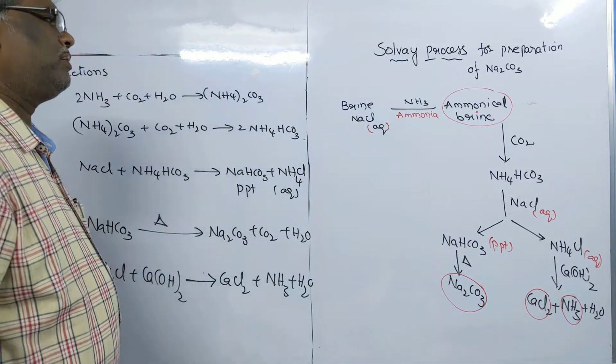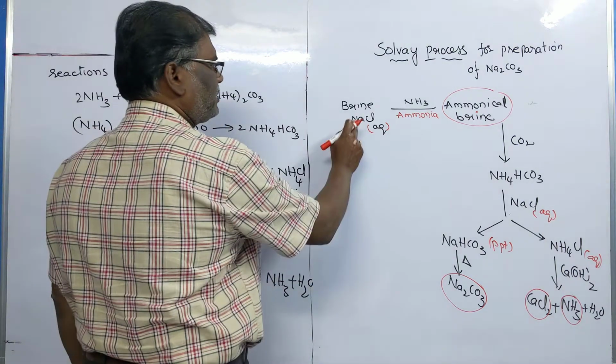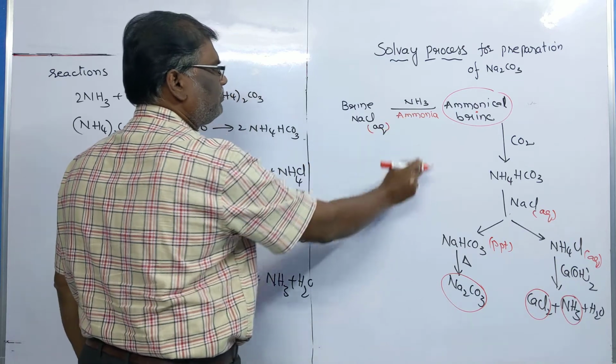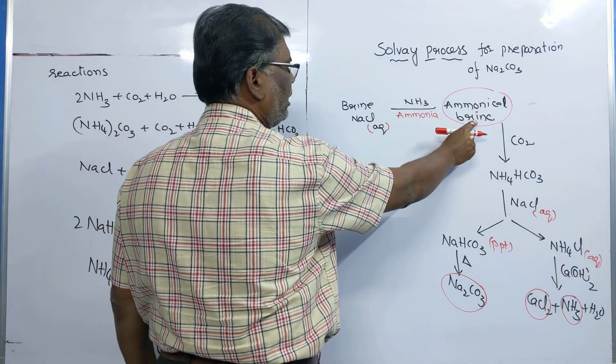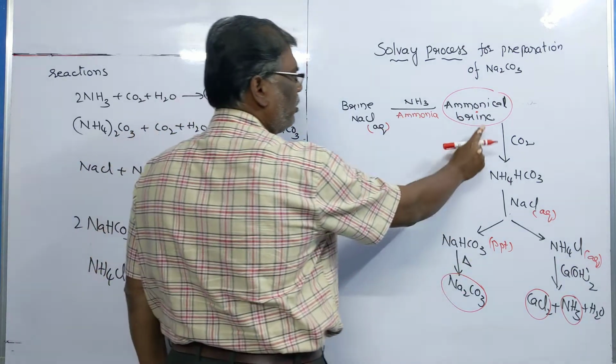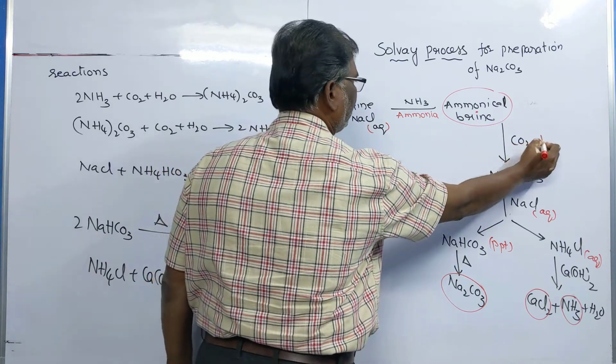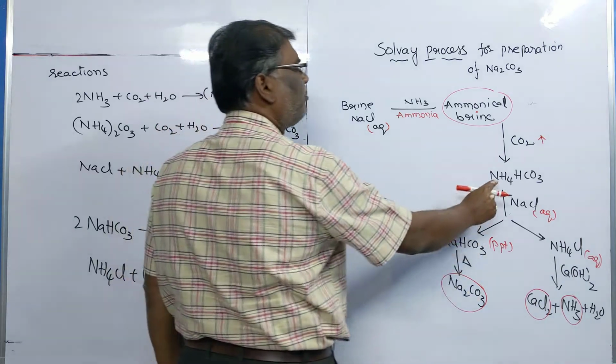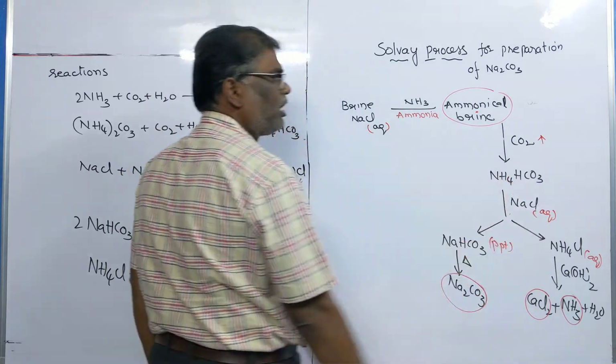This is the method. What is the method? First brine is taken. It is saturated with ammonia. So we are getting ammoniacal brine. Over ammoniacal brine CO2 gas is passed. Different reactions take place to form ammonium hydrogen carbonate.